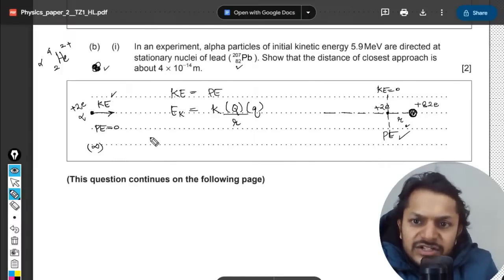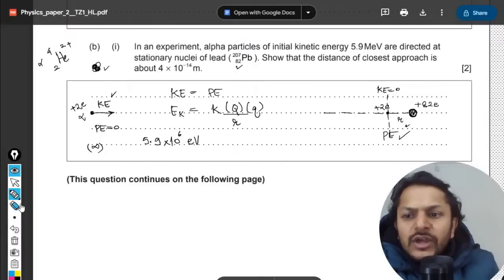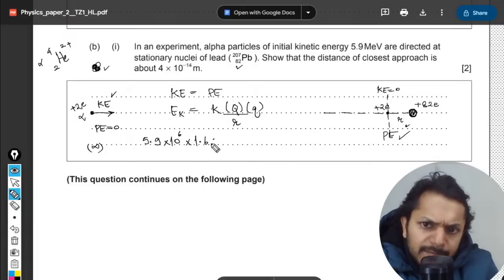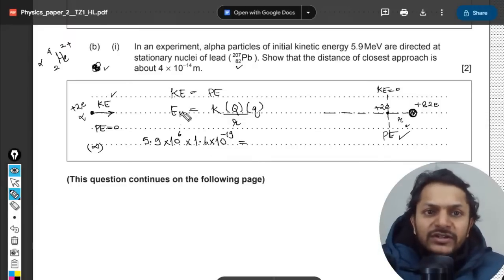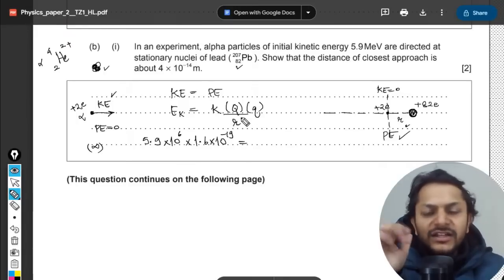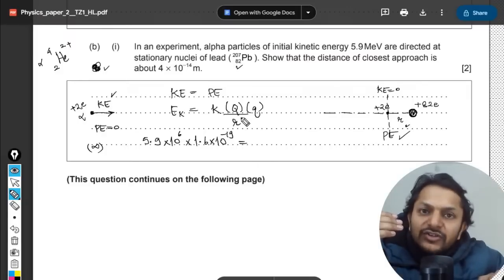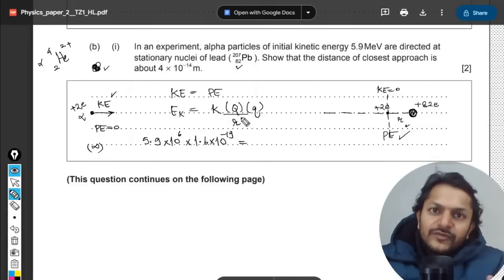Now kinetic energy is given as 5.9 times 10 raised to power 6 eV. So eV has to be converted into joule. Because on the left hand side you have the energy in electron volt, and on the right hand side you have the potential energy in joule. So either you divide joule by the charge on electron, or you multiply the kinetic energy with the charge of electron.